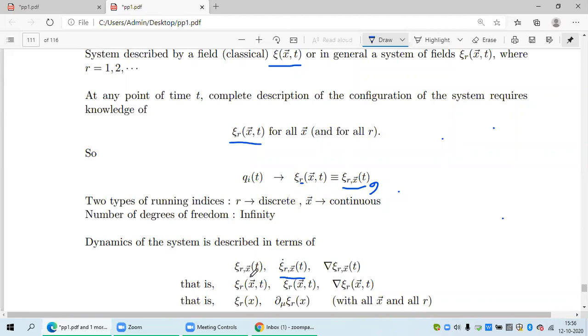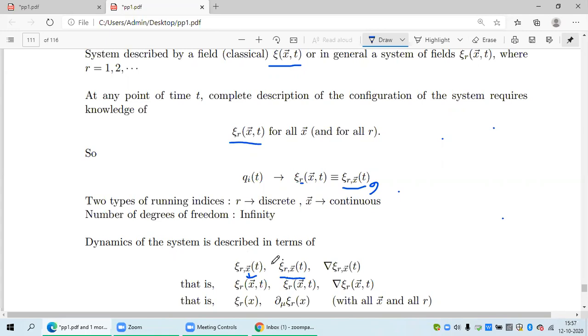X is a continuous parameter. As you move your focus from one generalized coordinate to another, it should obviously be a different coordinate.